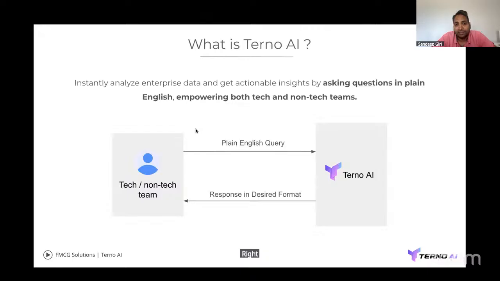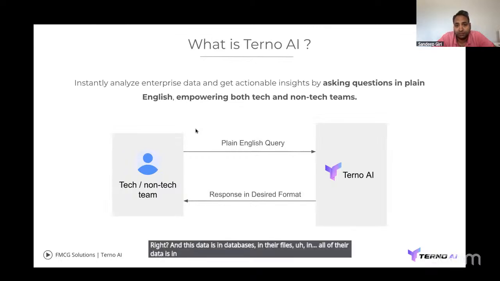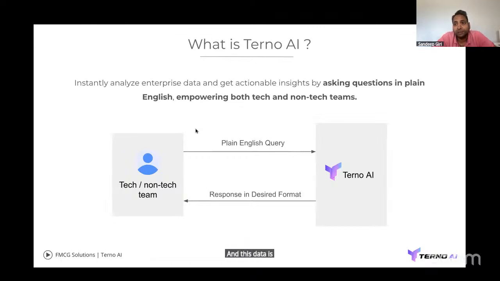Let's say an FMCG company that has 10 years of supply chain data, in databases and files, all within their organization, at the size of terabytes. It doesn't make sense to upload all this terabytes of data to ChatGPT or OpenAI, and even if you do, it wouldn't give you good results.